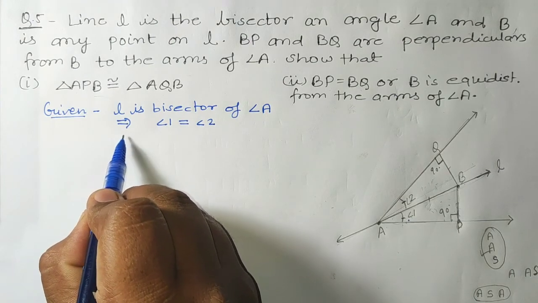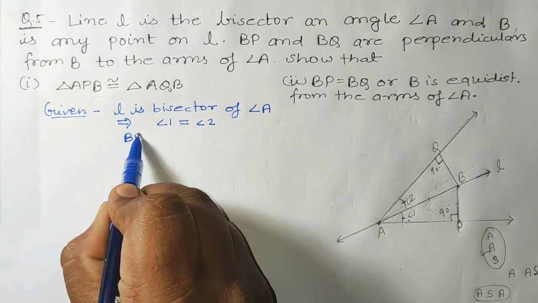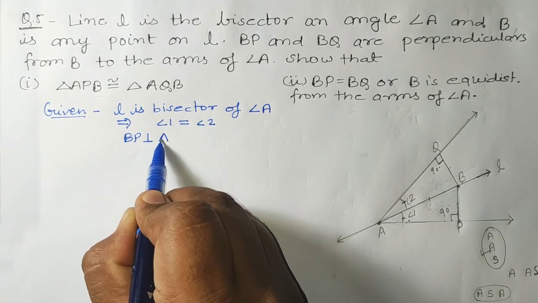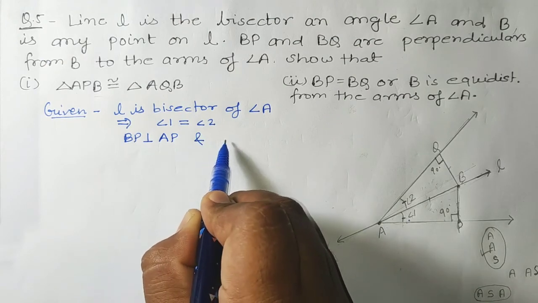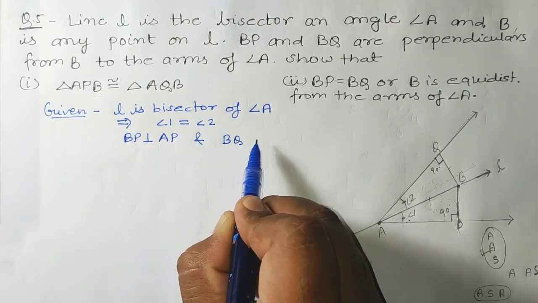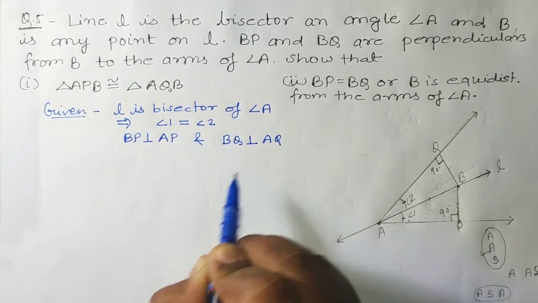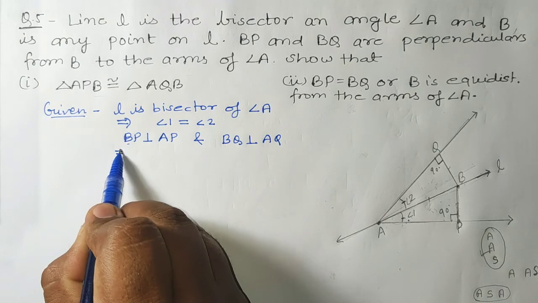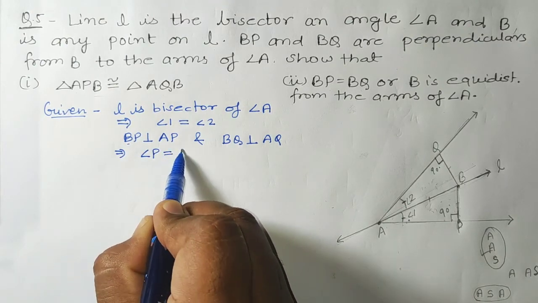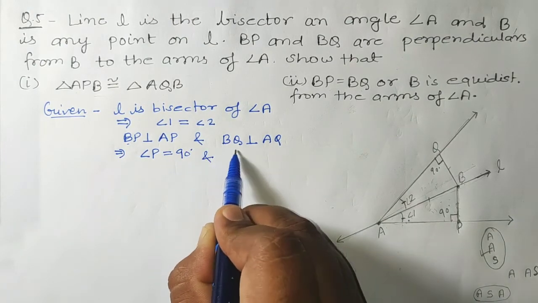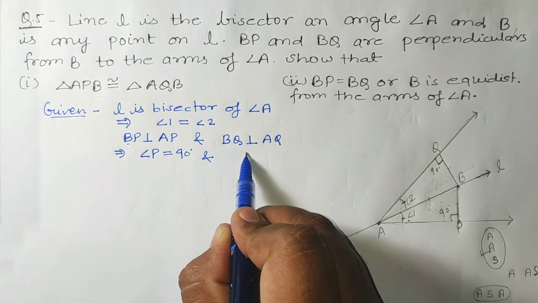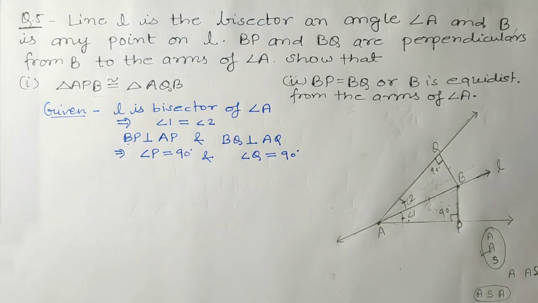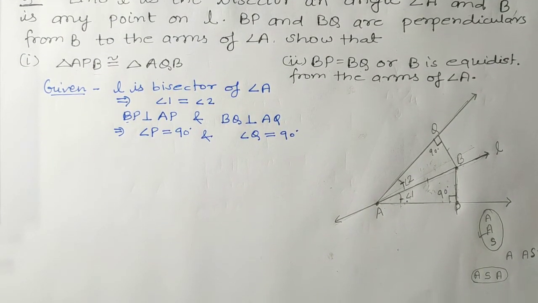It is given that BP is perpendicular to AP and BQ is perpendicular to AQ. So if BP is perpendicular to AP, it means that angle P is 90 degrees, and if BQ is perpendicular to AQ, it means that angle Q is equal to 90 degrees. So this much is given in the question.